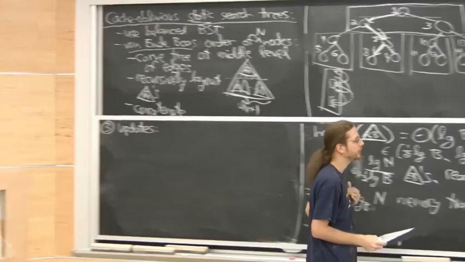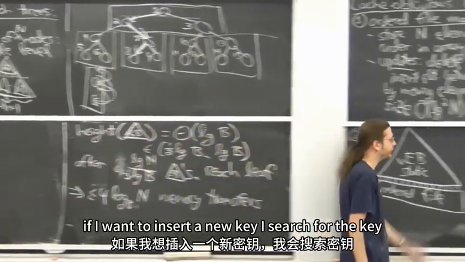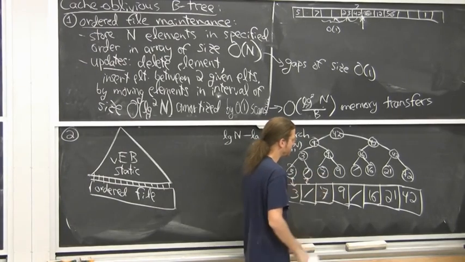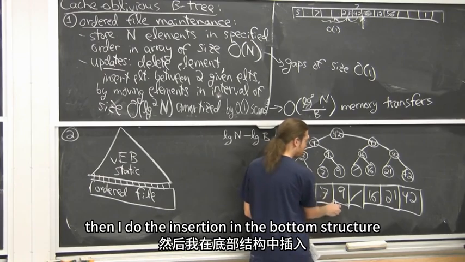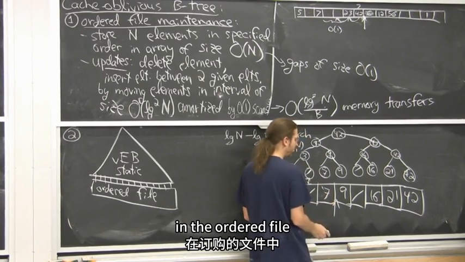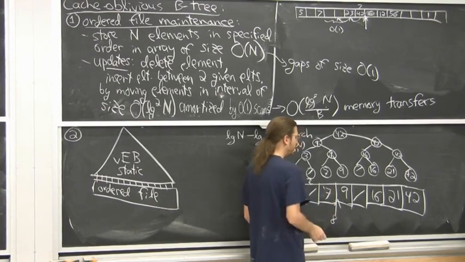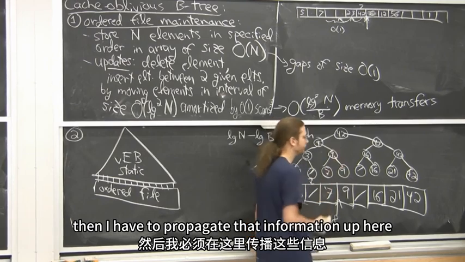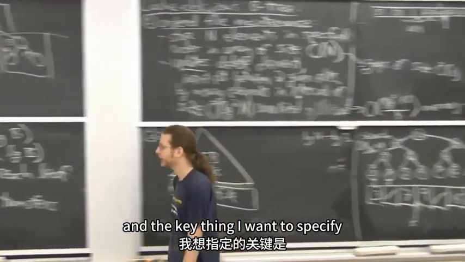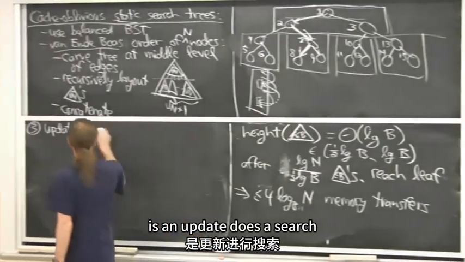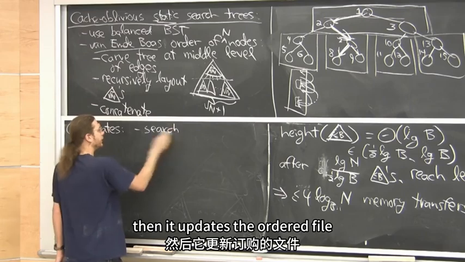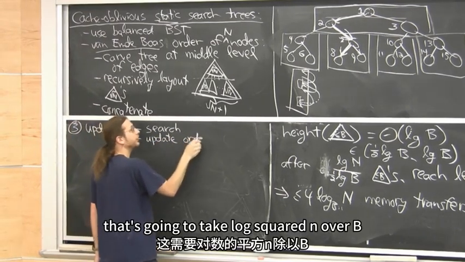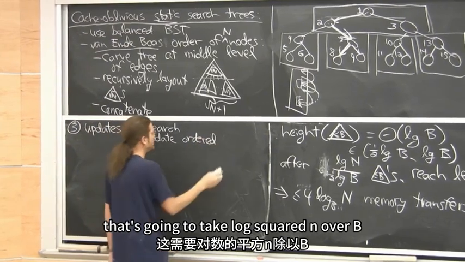If I want to insert a new key, I search for the key. Maybe it fits between 7 and 9. Then I do the insertion in the bottom structure, in the ordered file. So maybe we want to insert 8. These guys move around. Then I have to propagate that information up here. And the key thing I want to specify is an update does a search. Then it updates the ordered file. That's going to take log squared n over b.